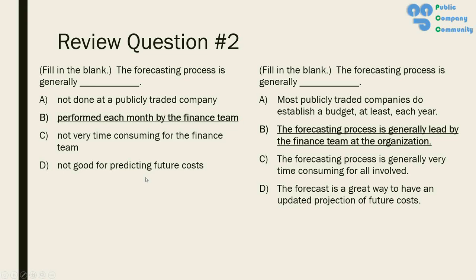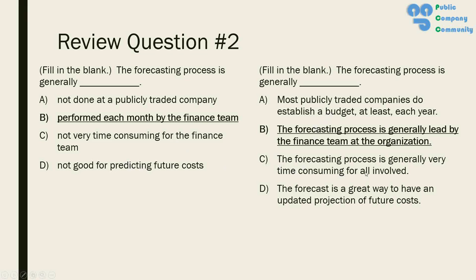And it is B. So performed each month by the finance team. This, of course, is if the company does forecasts or flexible budgets, then it's done each month. Now, it's not done at a publicly traded company. That it is typically done at a publicly traded company, so that's why A is incorrect. So companies typically establish at least each year a budget.